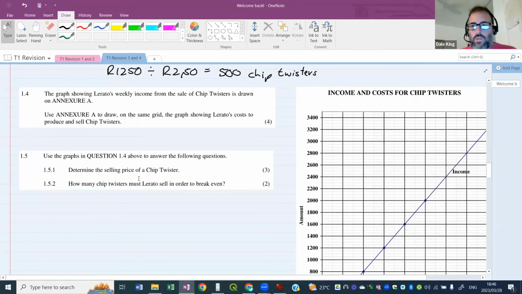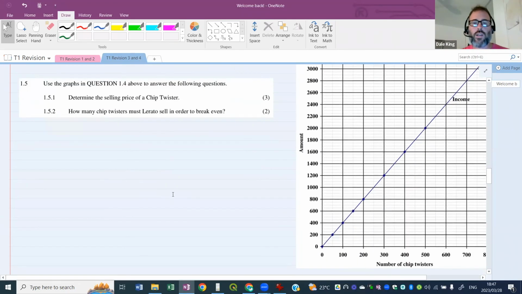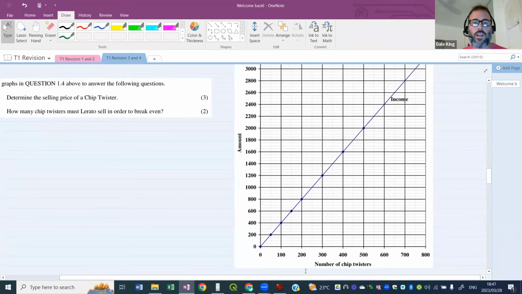Use this graph here to draw on the same graph, the graph showing Lorato's costs to produce and sell chip twisters. Okay, so let's try and draw this out on the graph. Now we're going to draw the costs on here. I'm going to use red. I'm going to start the graph here on the left-hand side, obviously.